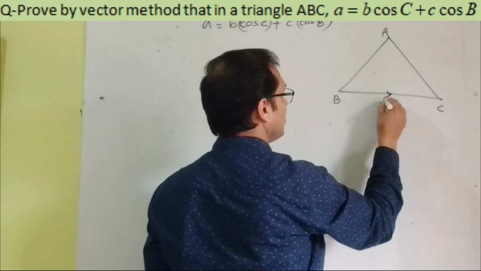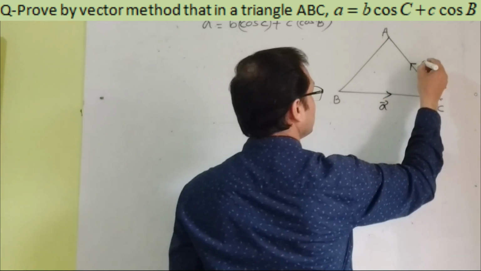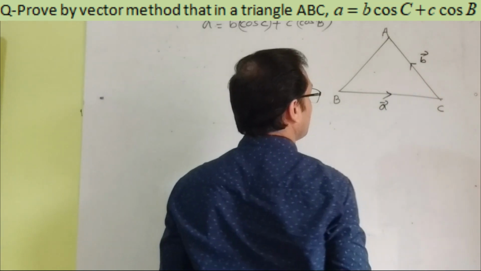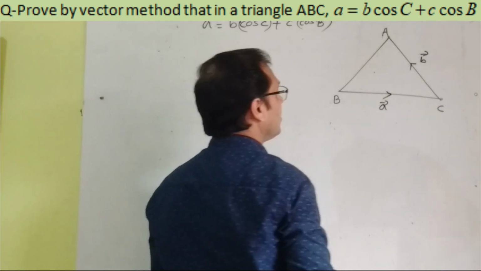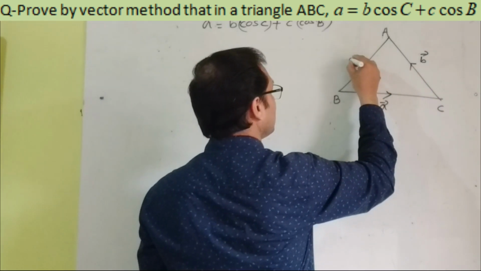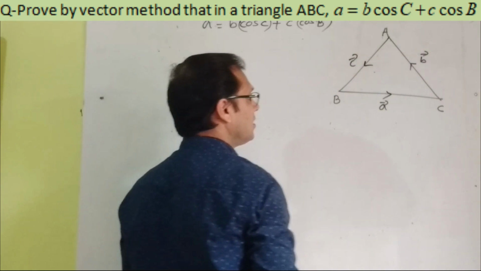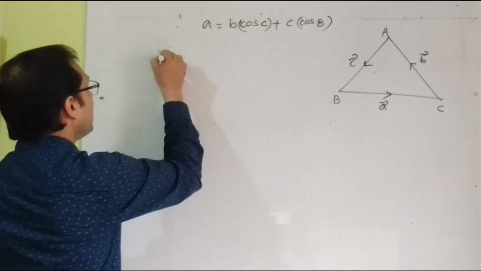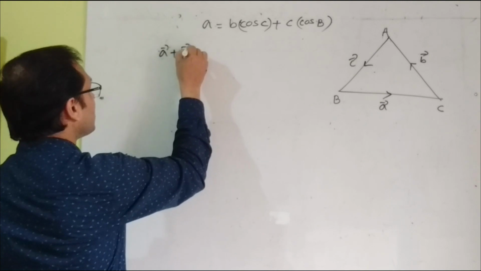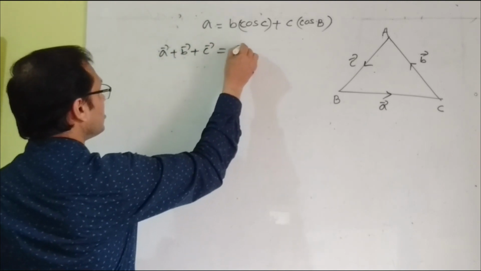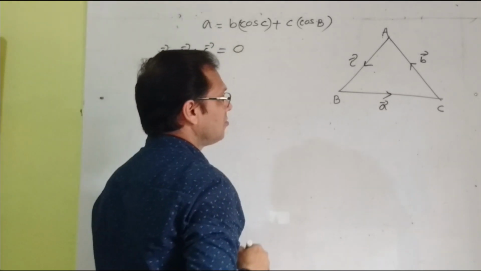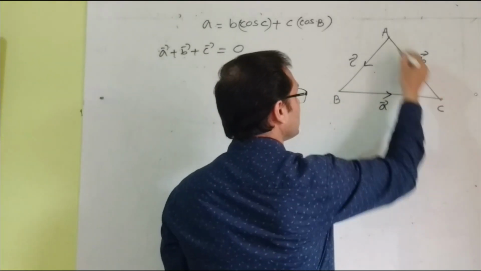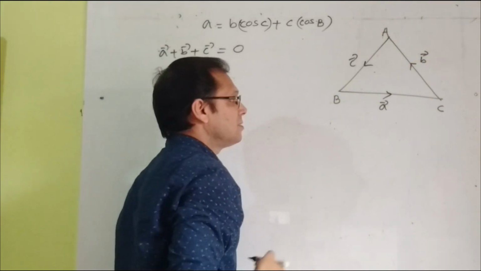This one is A vector, this one is B vector, and this one is C vector. So A vector plus B vector plus C vector is how much? 0. Why? Since BC plus CA plus AB is equal to 0.